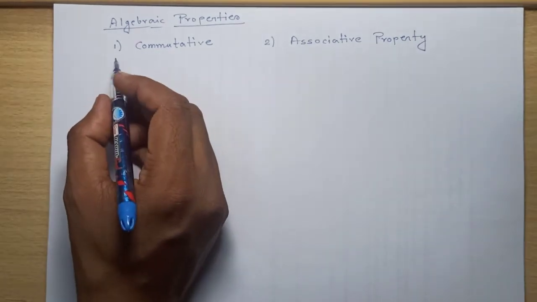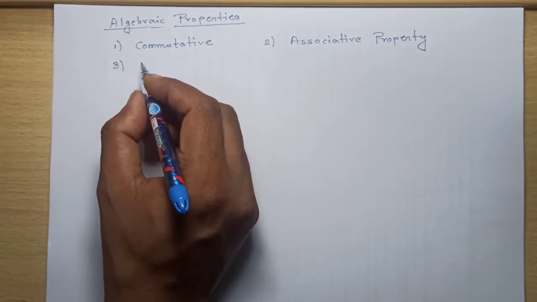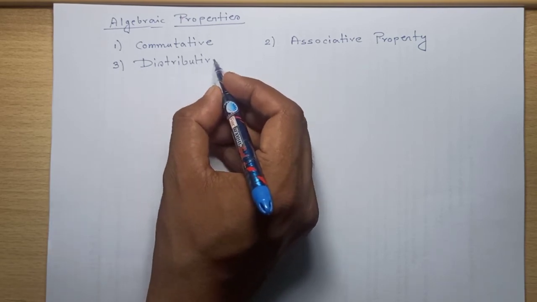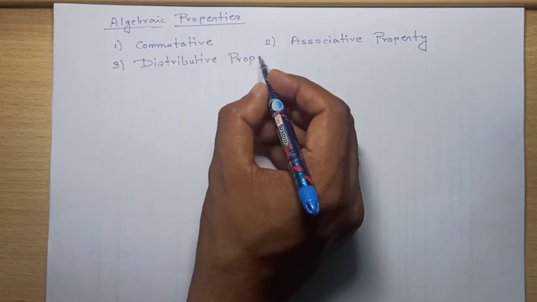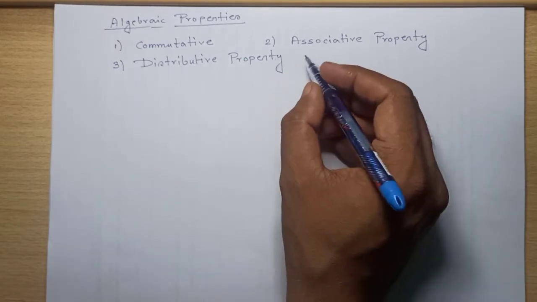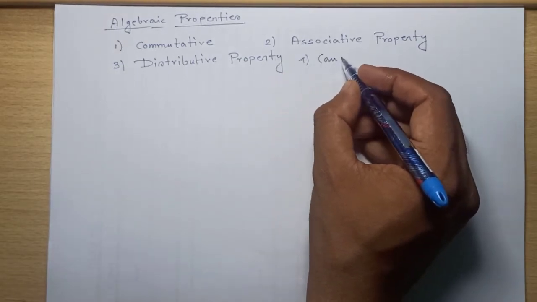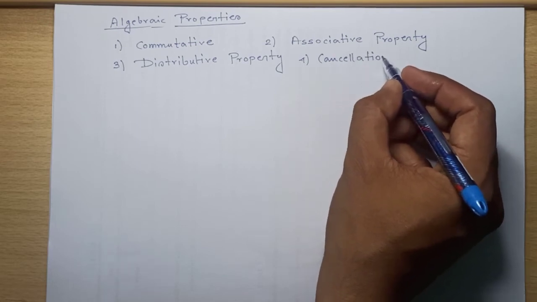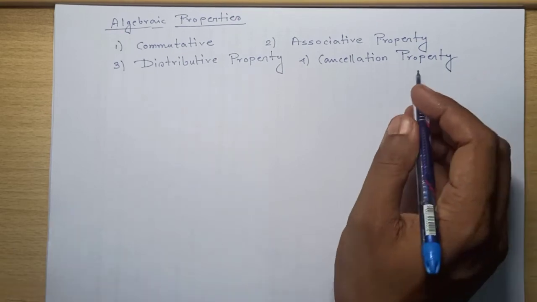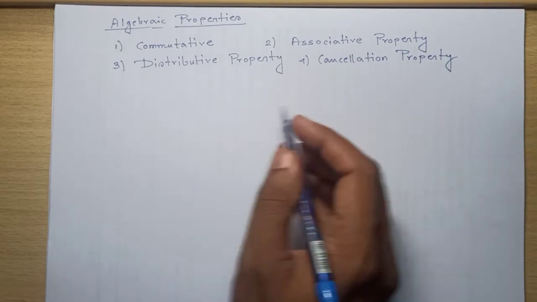The third is the distributive property. And there are many more properties, like the cancellation property.